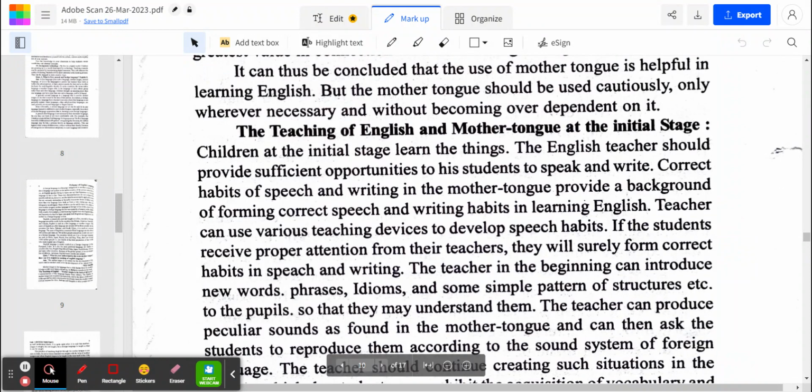It can thus be concluded that the use of mother tongue is helpful in learning English, but the mother tongue should be used only whenever necessary and without becoming over dependent on it.